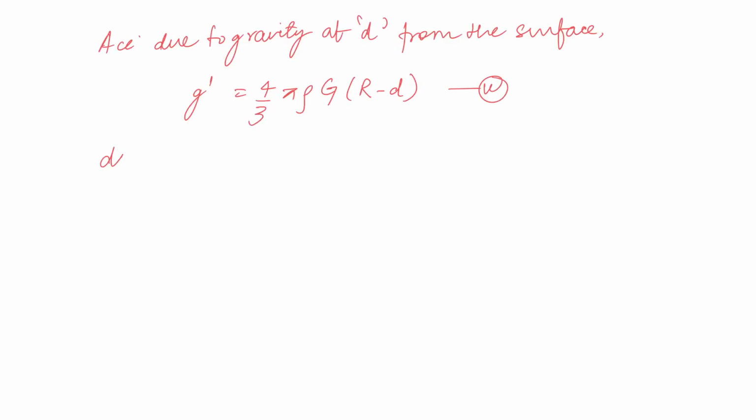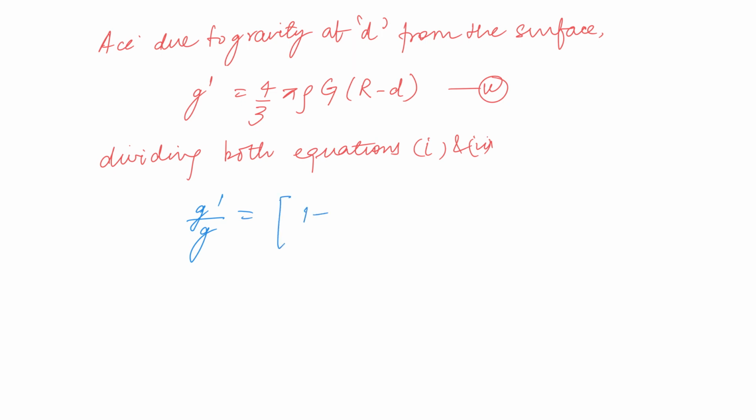Now dividing both equations one and two, we will get g dash upon g as 1 minus d by r.